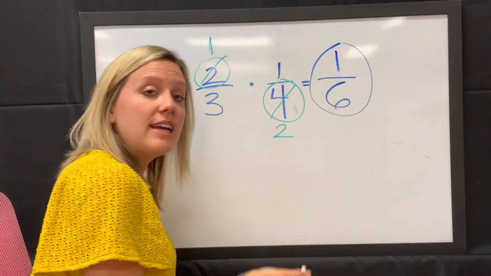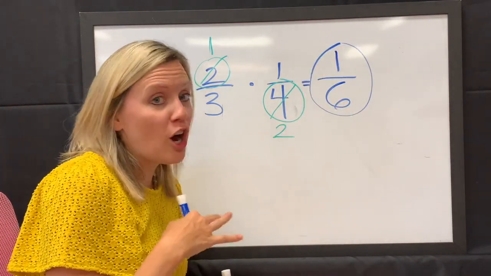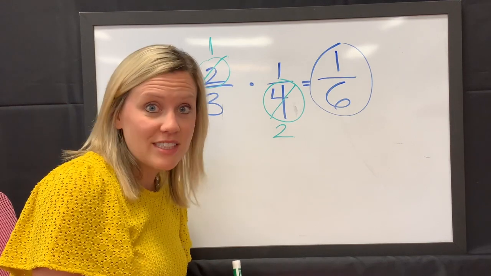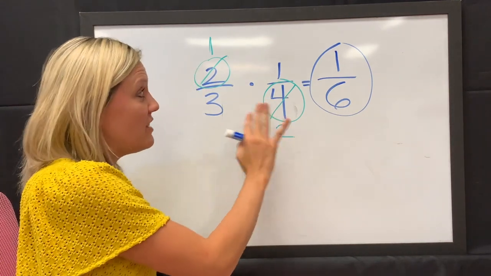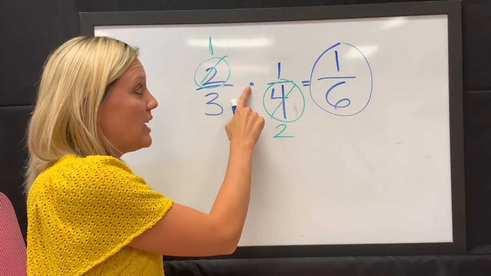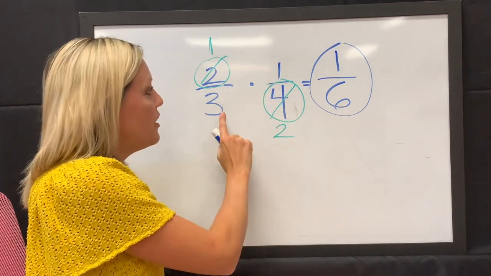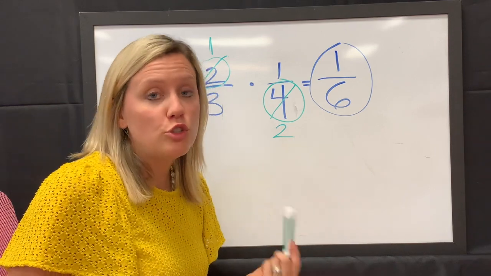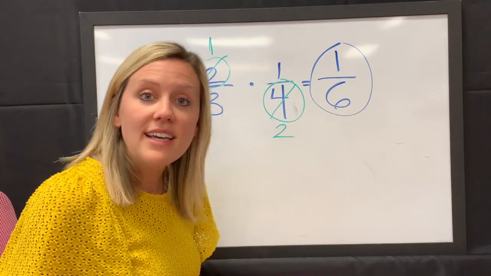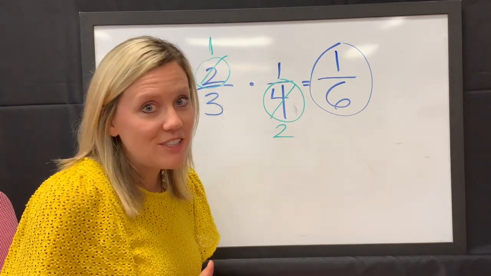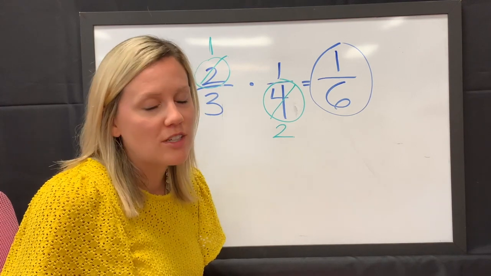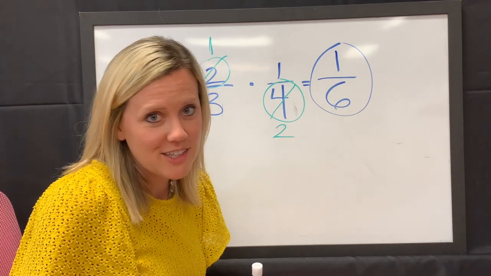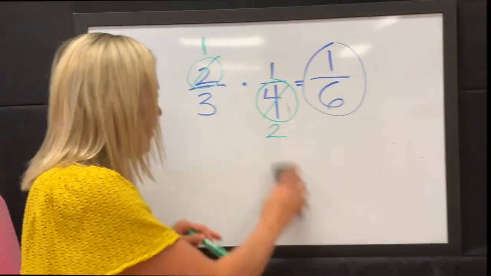So my final answer is 1/6. It's already reduced, and we're good to go. If I didn't do that, I would have gotten 2 times 1, which is 2, 3 times 4, which is 12, and then I would reduce 2/12 down to 1/6. So you don't have to do it this way, but when you're working with larger numbers, it just gets so much easier.